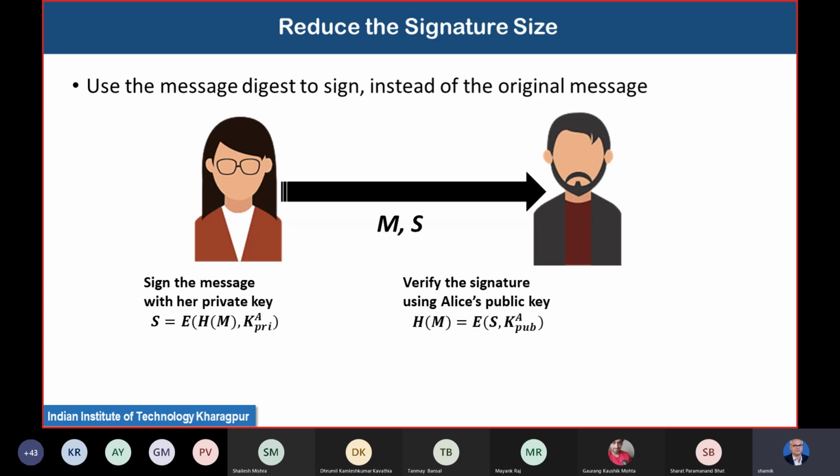So what can Bob now do? Bob will apply the public key of Alice on S and get HM. He doesn't yet know whether M has been tampered with in between. So Bob will now apply the hash on the M that he got in plain text, and the hash that he gets should match the HM he got by decrypting the signature with Alice's public key.